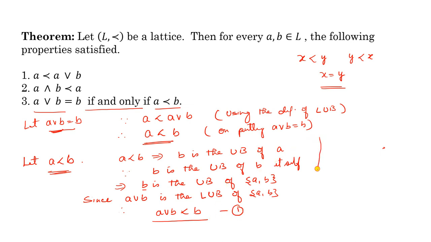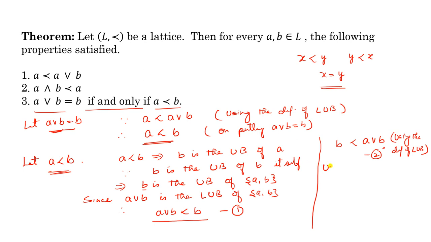Now using the definition of A ∨ B, you can write B precedes A ∨ B using the definition of least upper bound. So you can write B precedes A ∨ B, as we have already discussed while proving the first one. So this is 2.